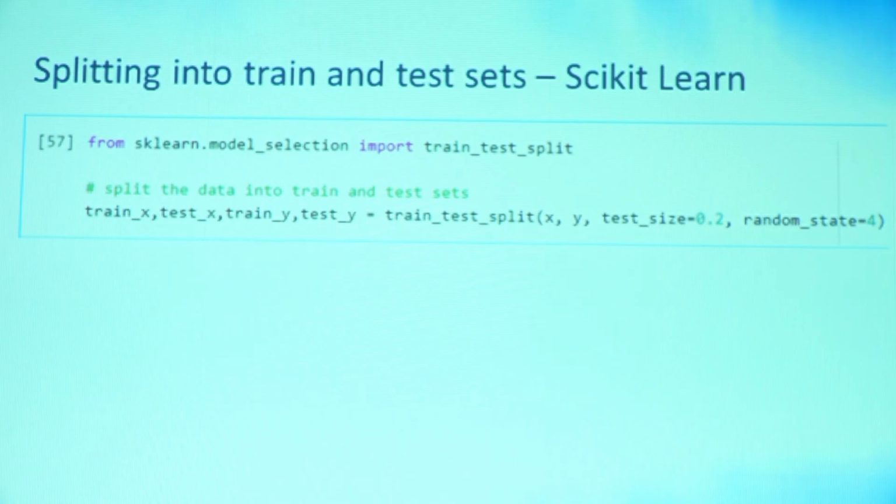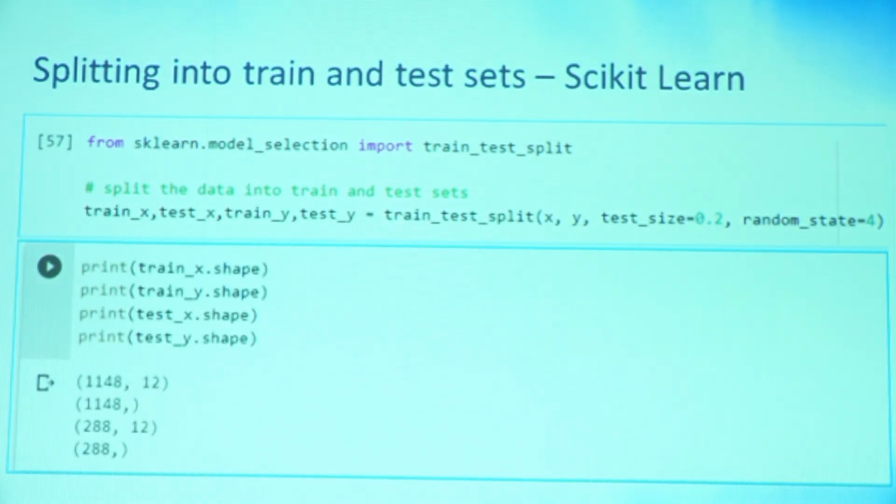What do you mean by that? 20% randomly from those 1436 rows will be taken for testing. Remaining 80% randomly will be given for training. So that they are generated uniformly, you have to give a seed value, which we are giving here as 4. For random generation seed, you are giving the value as 4.